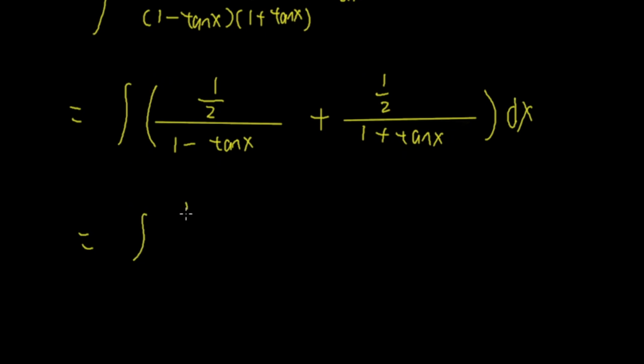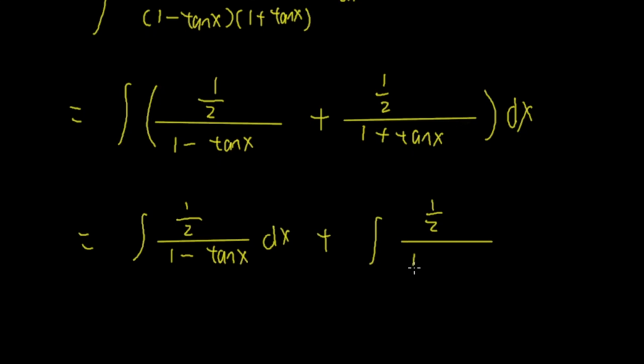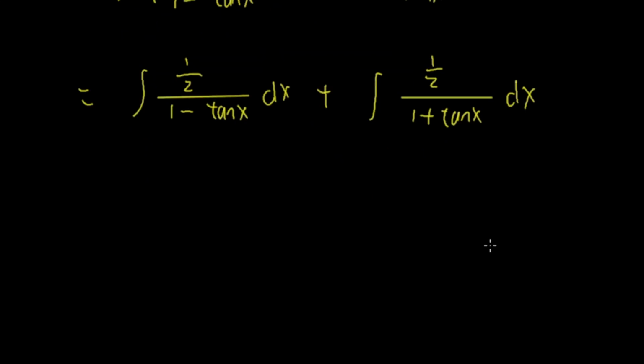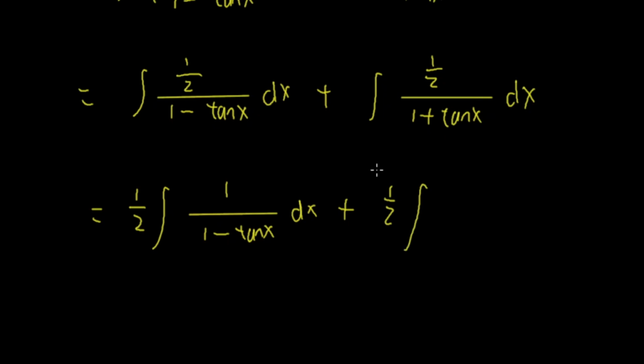So that will be integral of 1/2 over 1 minus tan x dx plus integral of 1/2 over 1 plus tan x dx. And of course, I can move the constant 1 over 2 out of the integral sign. So that is 1 over 2 integral 1 over 1 minus tangent x dx plus 1 over 2 times integral of 1 over 1 plus tangent x dx.